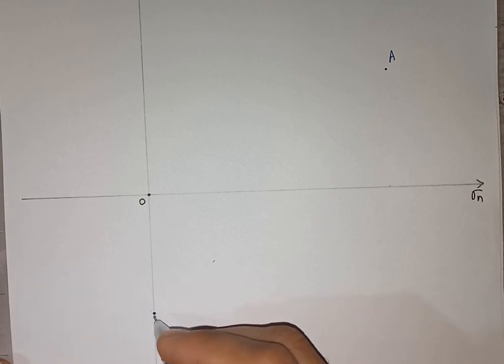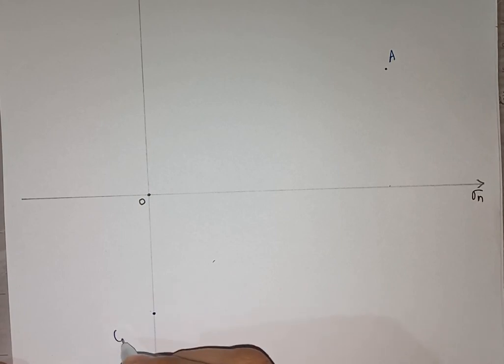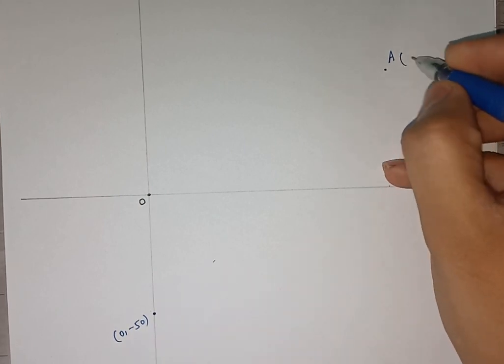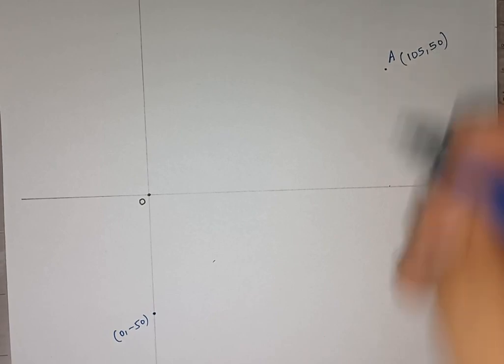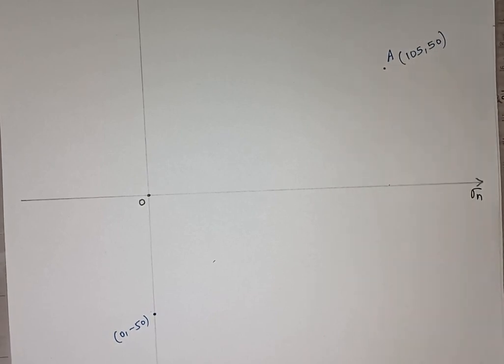I'll mark it here. The coordinates here are 0 comma minus 50, and the coordinates at A are 105 comma 50. So the two planes are represented in the form of two coordinates, A and B. You can call this point B or plane B.